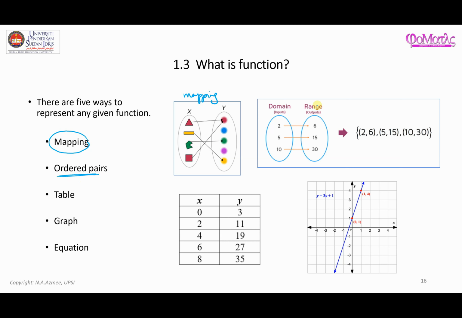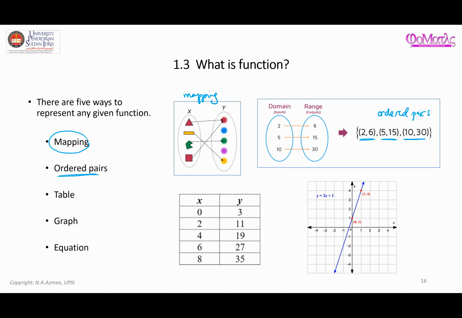Basically, this one is mapping, and you can change the representation of this into ordered pairs. So 2 to 6, you can write it down in terms of (2, 6), (5, 15), and (10, 30). So this is a representation in terms of ordered pairs.